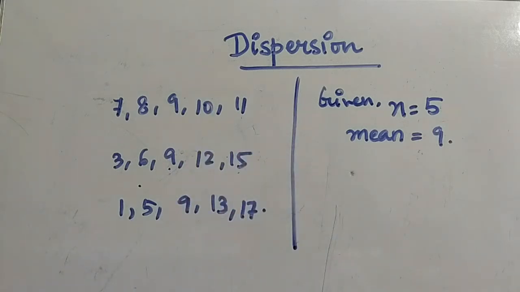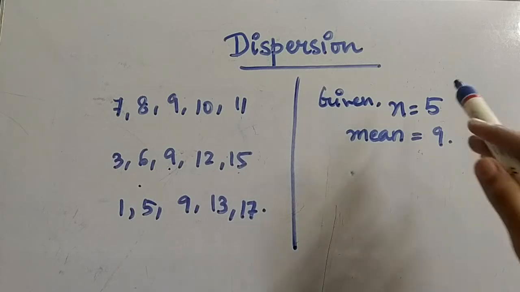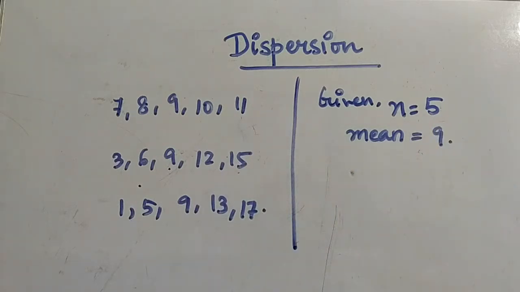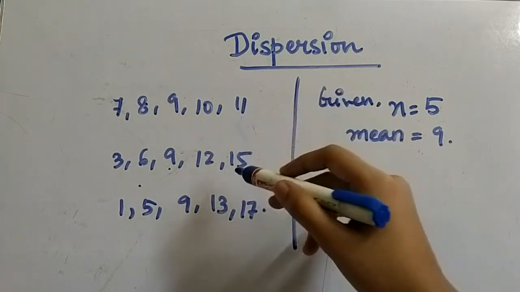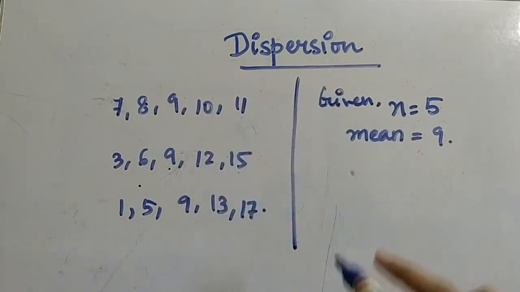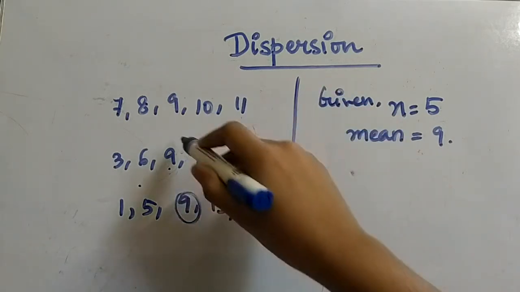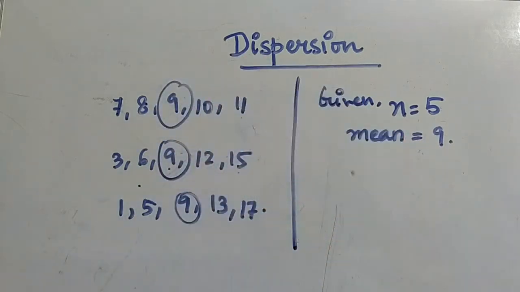Let's just suppose you have been given the data that the total number of observations is 5 and the mean is 9. Can you tell me which kind of series is this? No, right? Why? Because in all these series, the total number of observations is 5 and the mean is also 9. Correct?